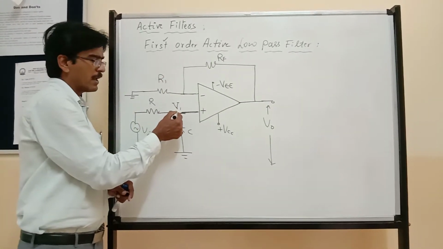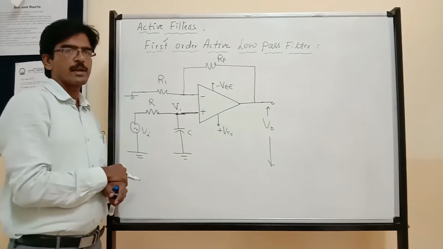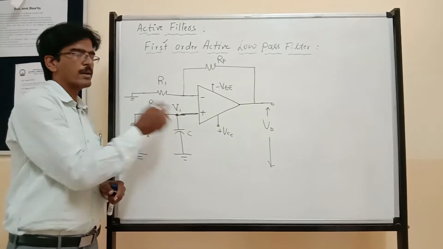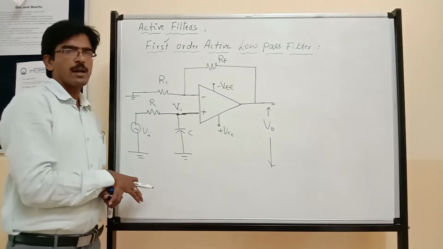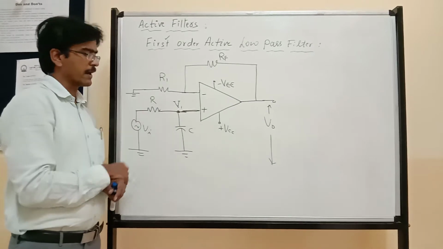So now you are applying input at the non-inverting terminal and the feedback is negative. Hence, this op-amp now acts as a non-inverting amplifier. We are connecting the op-amp in non-inverting configuration.